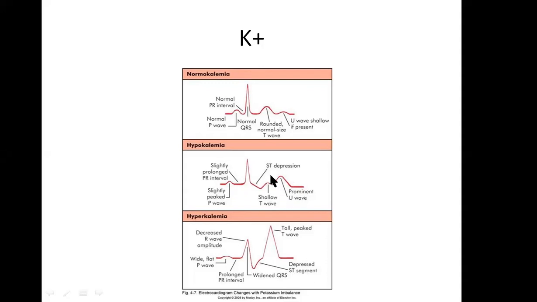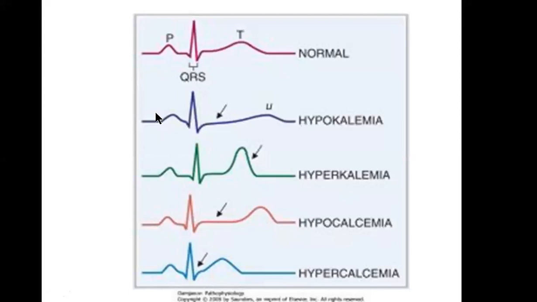In hypokalemia, you can see a flattened or down-going T wave, increasing U wave, prolonged PR interval, slightly peaked P wave, shallow T wave, and ST segment depression. ST segment and U wave are very important in hypokalemia.